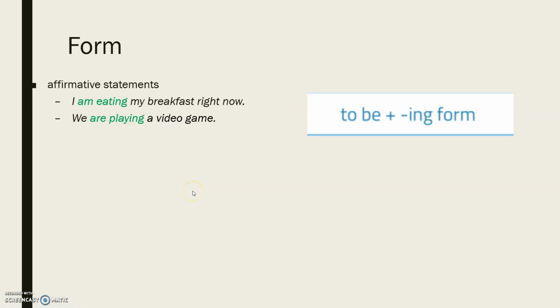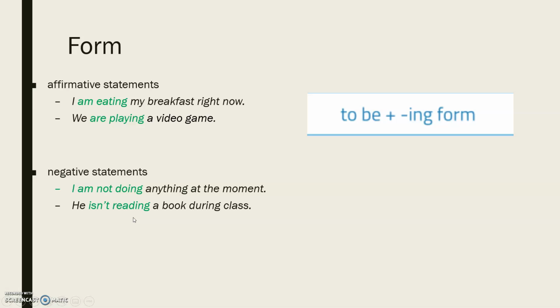And then of course you can also make negative statements, negations, with the present continuous. Let's have a look at a few examples again. So for instance, I'm not doing anything at the moment, or he isn't reading a book during class. Actually, it's very similar. The rule is quite simple.